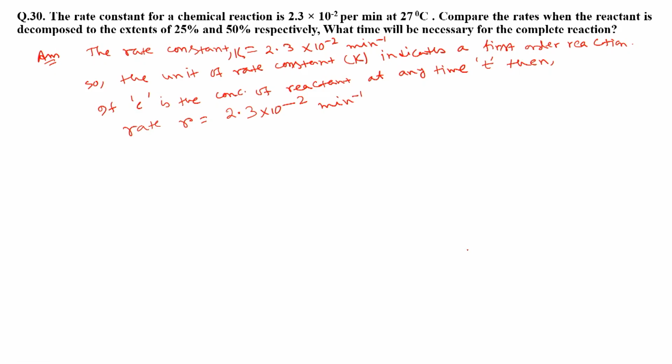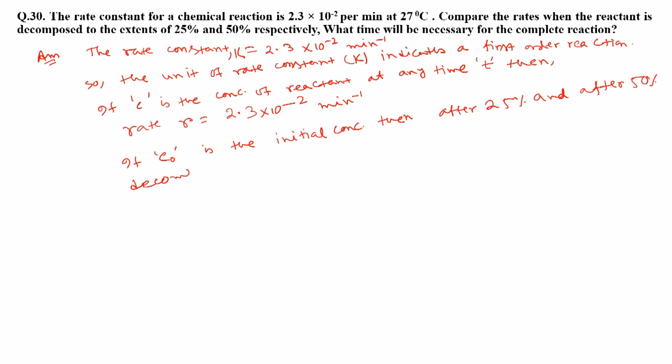Okay. If C naught is the initial concentration, then after 25% and after 50% decomposition, the remaining amounts are, so when 25% is decomposed, the remaining amount is 0.75, or 75%, and 0.50, right.